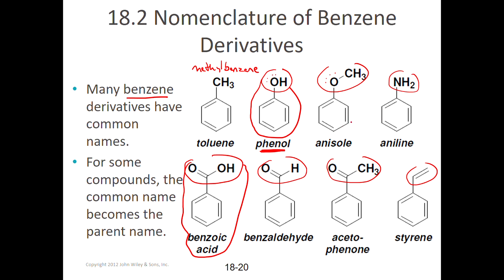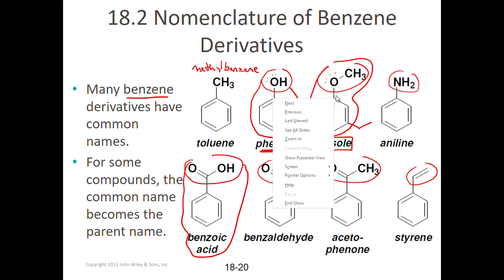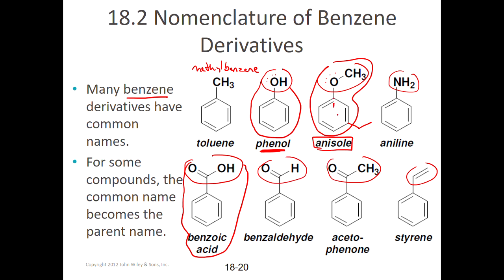So then if there are other things attached, like let's say there were an ethyl group here, if I want to use this name as my parent, which I should, that includes all of this. And it also requires that when you number the ring, the first carbon is the carbon that the group is attached to that's part of the parent.